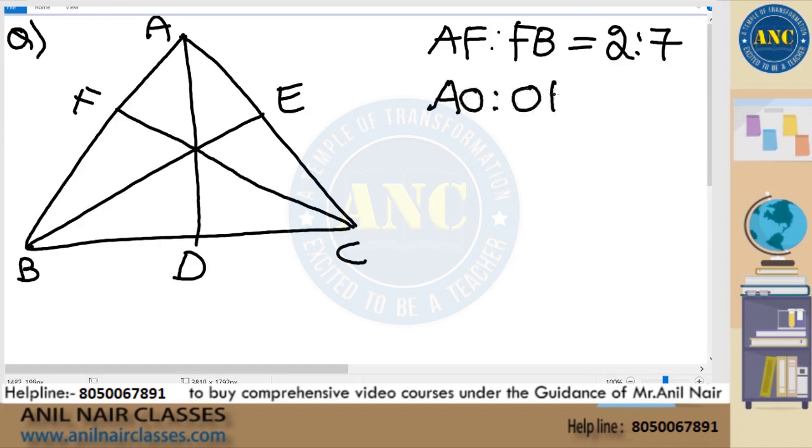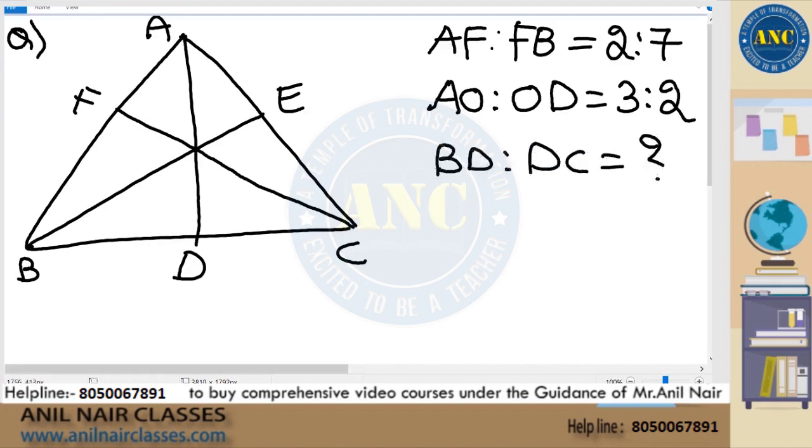AO is to OD is 3 is to 2. BD is to DC is how much? AE is to EC is how much? So this is again a previous year competitive examination question. Kindly try to solve it.